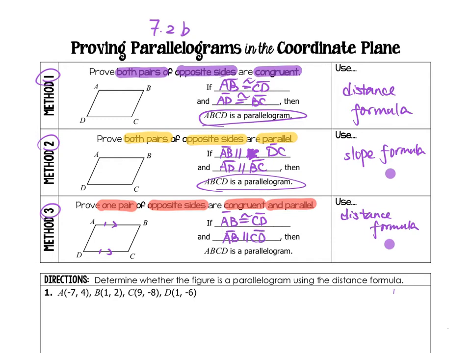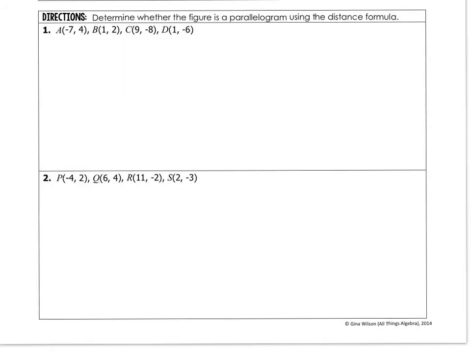To do that, we use the slope formula. So the third method is really cumbersome. Personally, I like the second one the most because it's easier calculation, but the other two are fairly tedious, especially the third one. So let's look at some examples here.